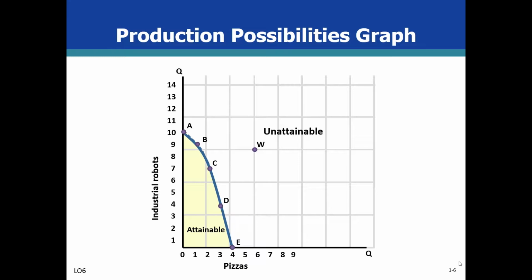First and foremost, we can see that the curve is not linear relative to how many pizzas and how many industrial robots we would like to make.